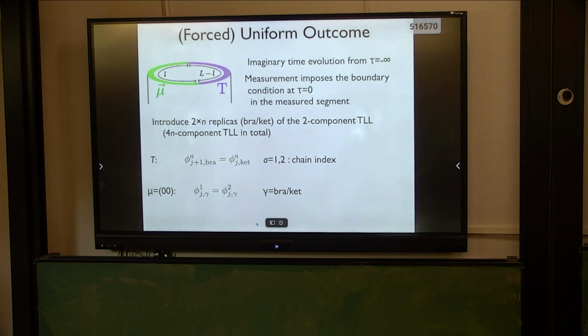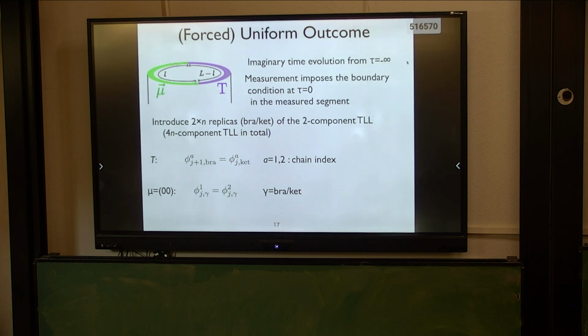And also at the boundary, this phi 1 equals phi 2 is subject to the Neumann boundary condition. This is the setup. And we want to calculate the partition function in the presence of these two differently imposed boundary conditions. And again, this problem can be interpreted as a correlation function of two boundary condition changing operators.